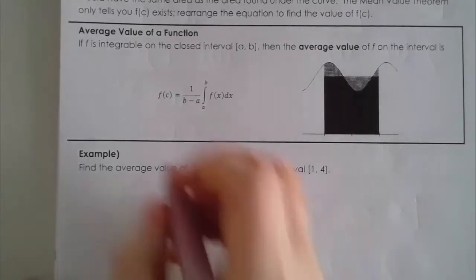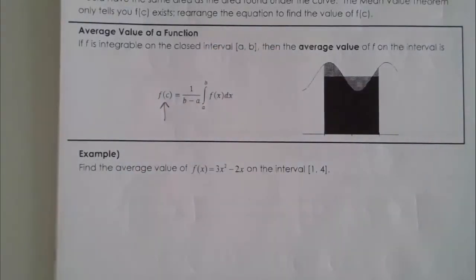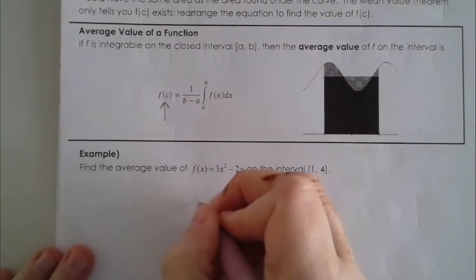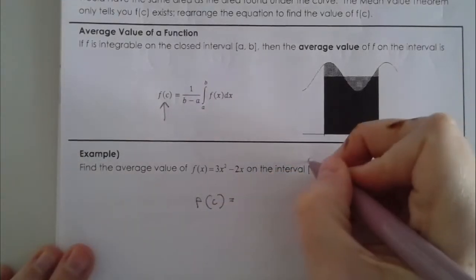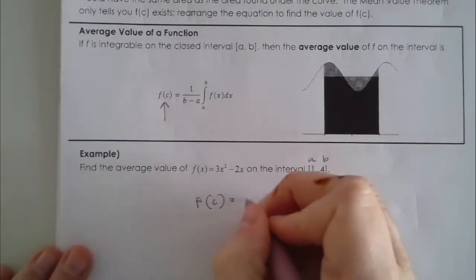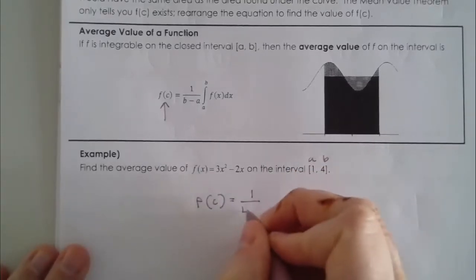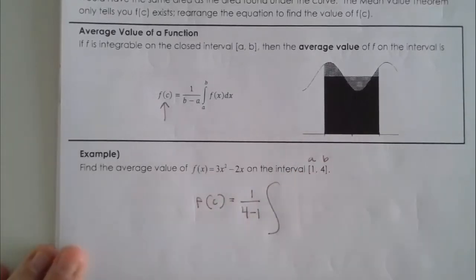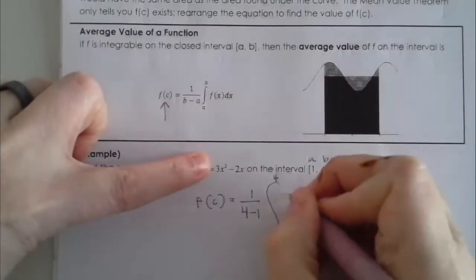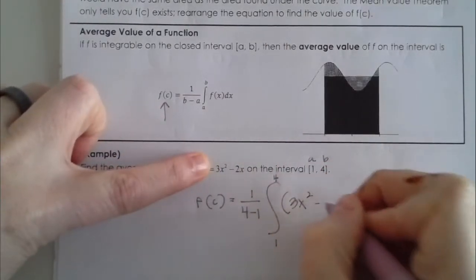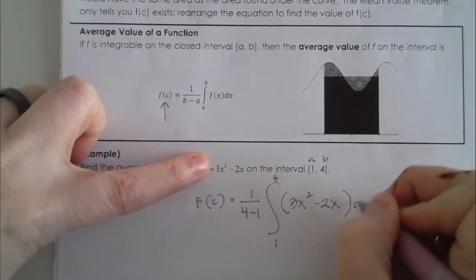So average value is that f of c that we're looking for. So f of c equals, this is my a, this is my b, 1 over 4 minus 1 times the integral from 1 to 4 of the function that I just had, 3x squared minus 2x dx.